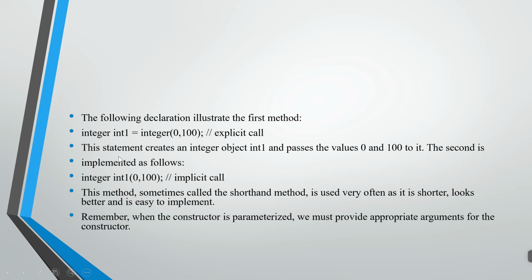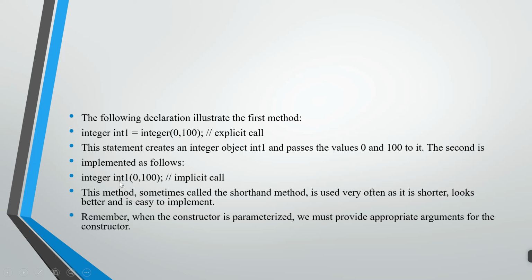So I am explicitly calling that constructor, and I am loading the value to an object called int1. But here, just look, I am straight away declaring an object called int1 of class integer by passing the arguments 0, 100. So this and this are functionally the same, but here we explicitly call the constructor, while here the constructor is not called directly.